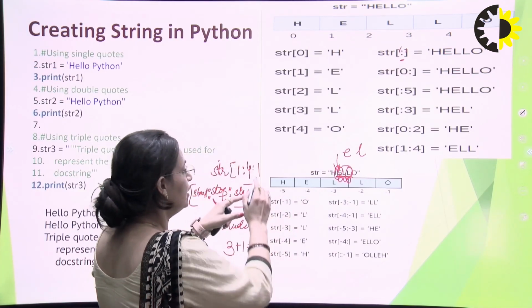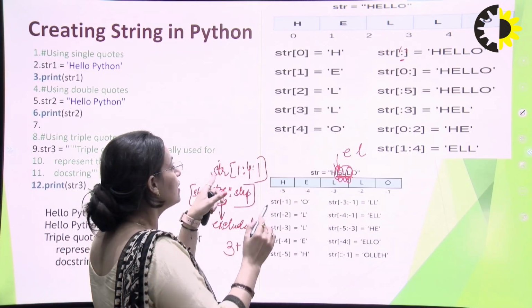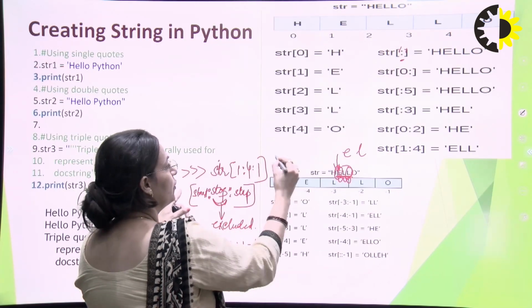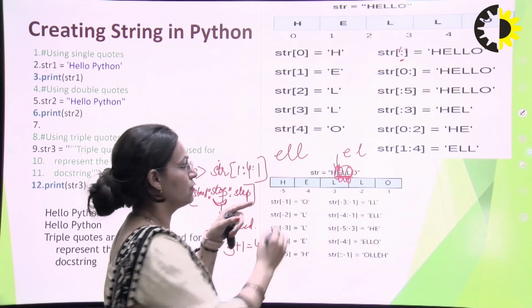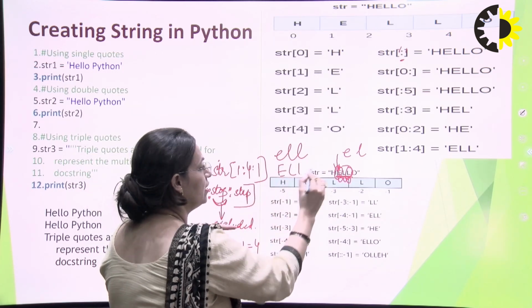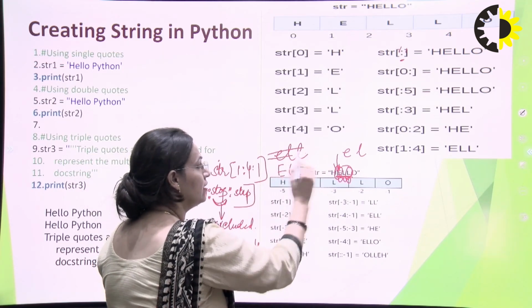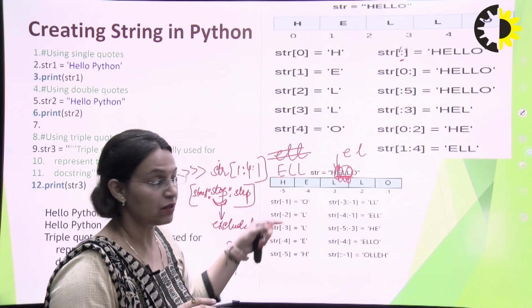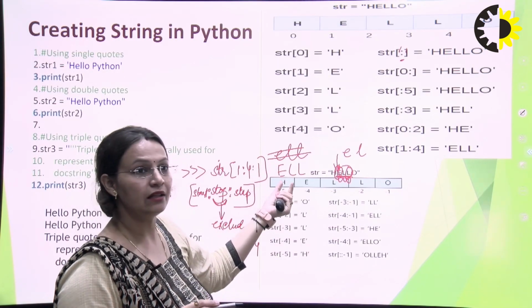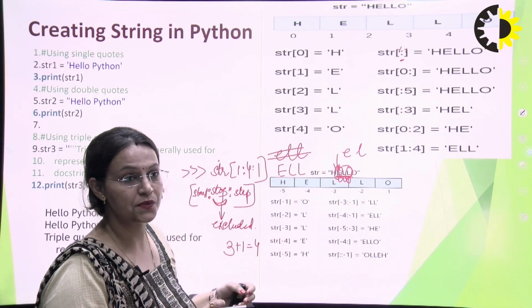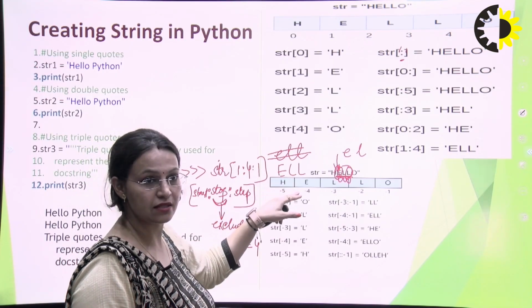So accordingly, now this has been written, and it will produce the output as ELL. Because Python is a case-sensitive language, this ELL and this ELL represent two different substrings. So basically this will be the output.